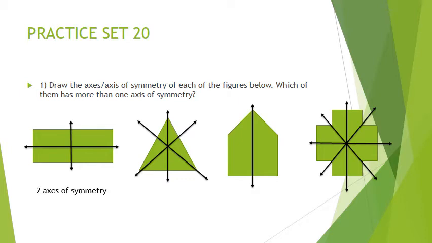So, the first diagram has 2 axes of symmetry. The second diagram has 3 axes of symmetry. The third has 1 axis of symmetry, and the other has 4 axes of symmetry.